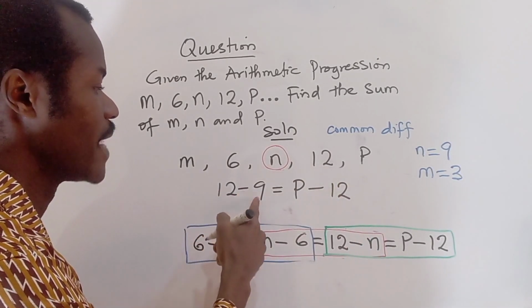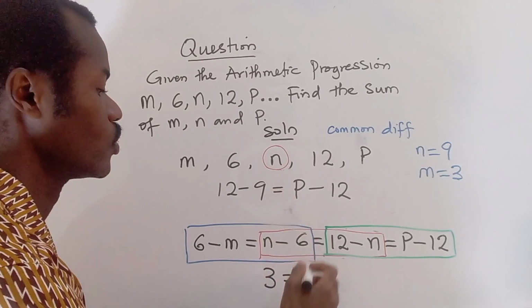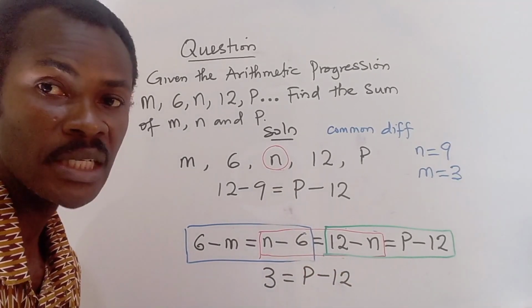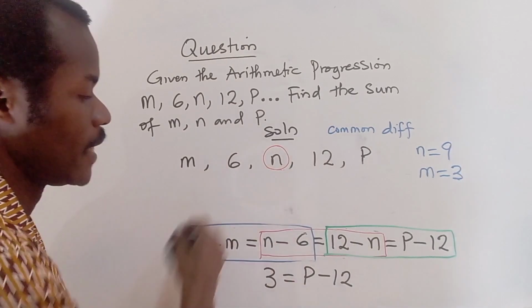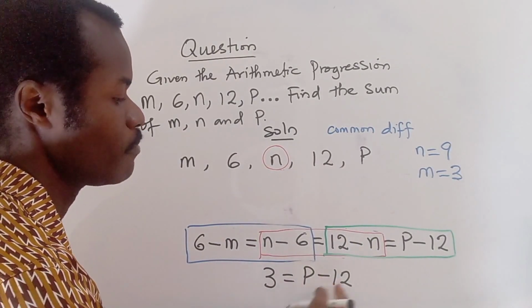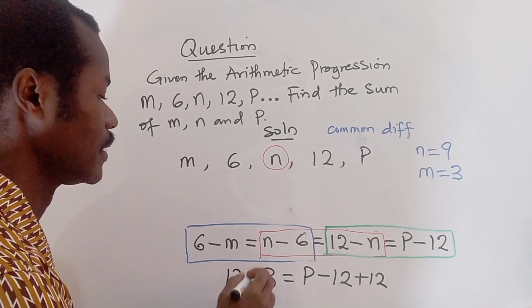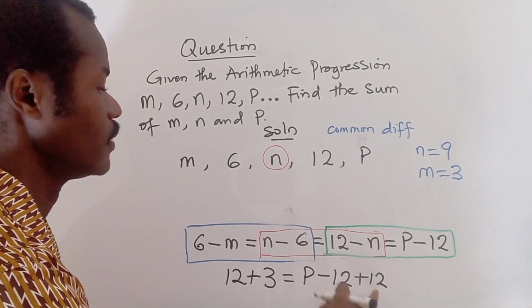Now, 12 minus 9 is 3. So 3 is equal to p minus 12. From this, how do we find our p? We can remove minus 12 by adding 12 here and also adding 12 here.